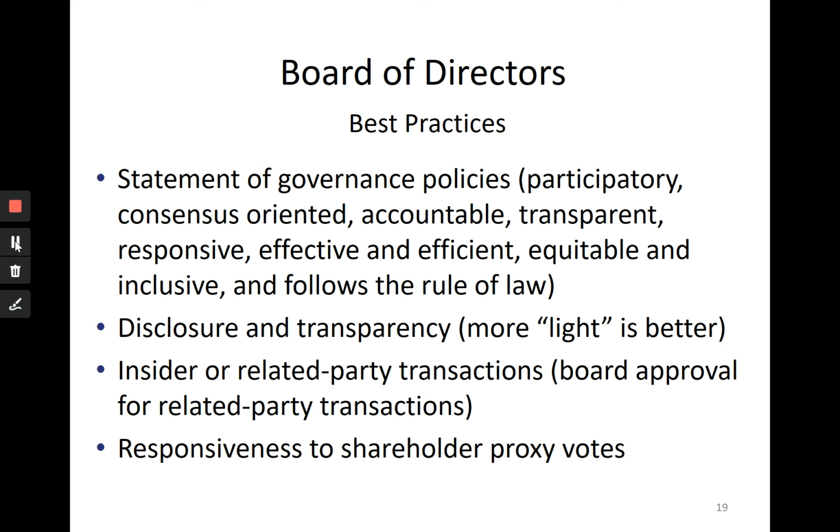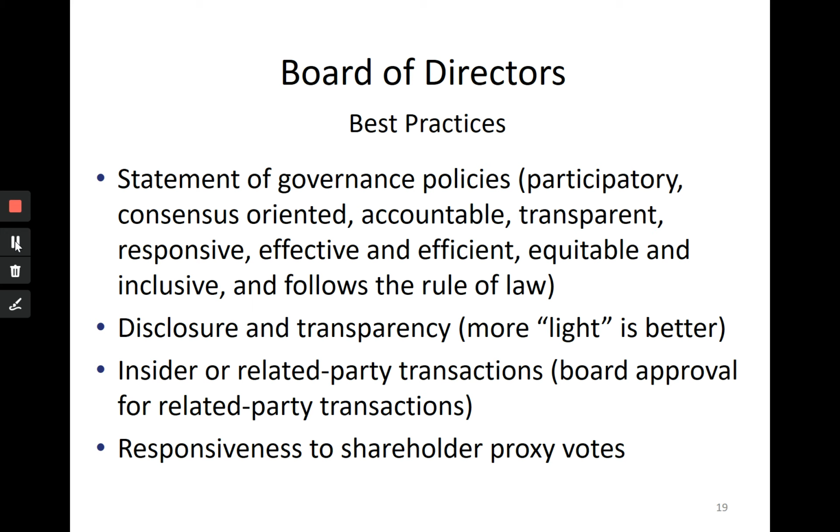Disclosure and transparency are also important things to look at if one evaluates the board of directors. The more disclosure, the more transparency, the more light that is put on actions of the board, and the more coverage of their actions, which is allowed, is better. Another area is insider or related party transactions.